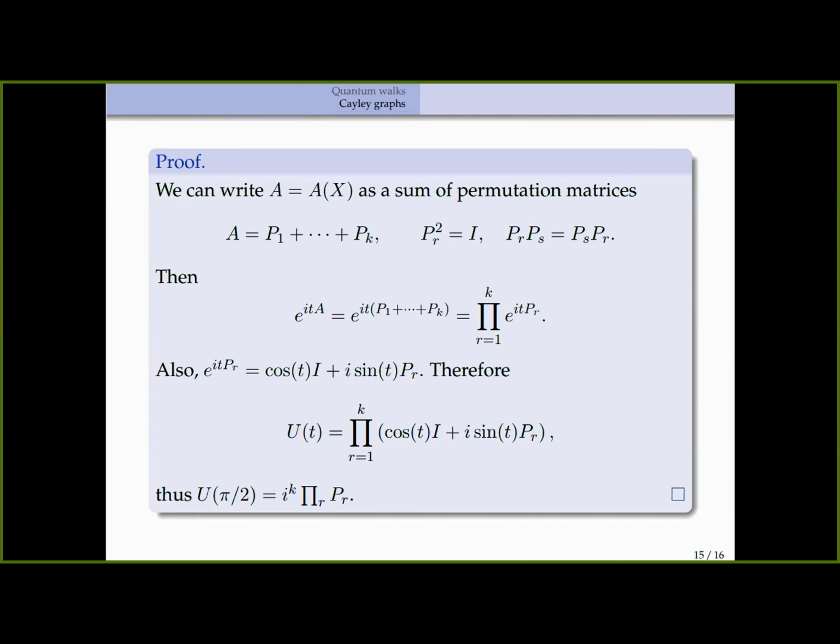So if the connection set sums to the identity, then we take the product, and that's again the identity. But when that does not happen, this is going to be a non-trivial permutation matrix. So its columns are going to be standard basis vectors, which means that we have PST in the graph.